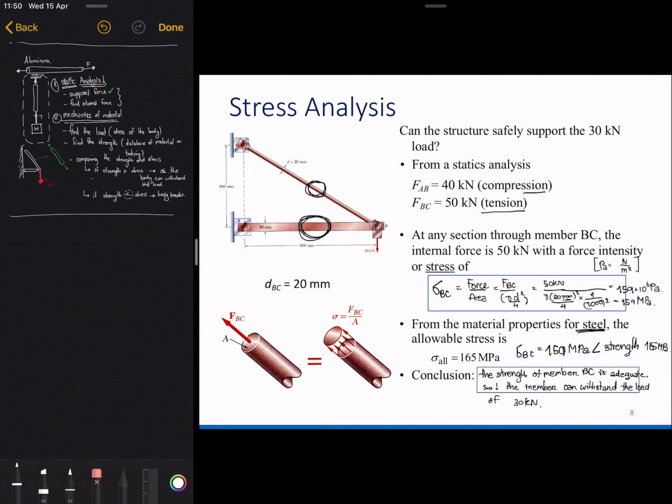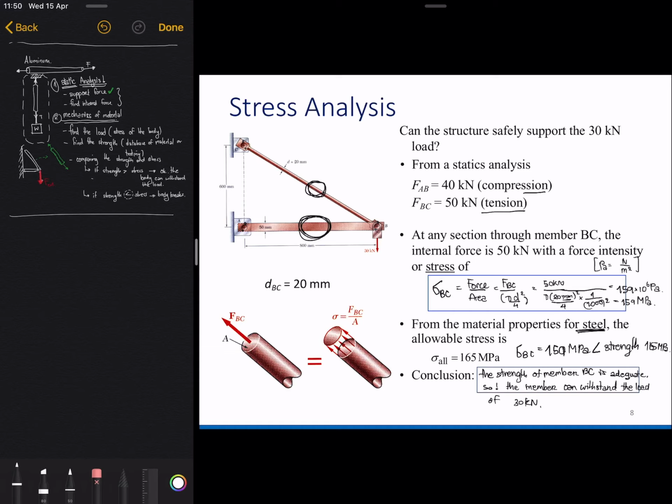Maybe I can Google the price of steel compared to aluminum. Okay, this is very, yeah.